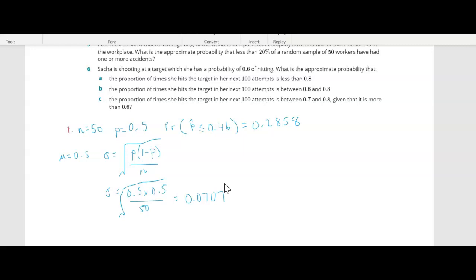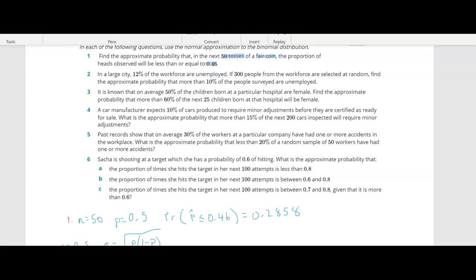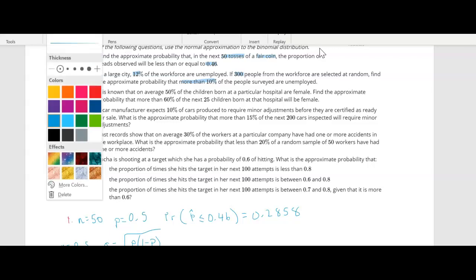All right, so it's pretty much the same thing for every question. So let's just go through and talk through each one, but I'm not going to do every single one because they're very repetitive. So in a large city, 12% of the workforce are unemployed. If 300 people from the workforce are selected at random, find the approximate probability that more than 10% surveyed are unemployed. Okay, so I'm just going to write down what we have.